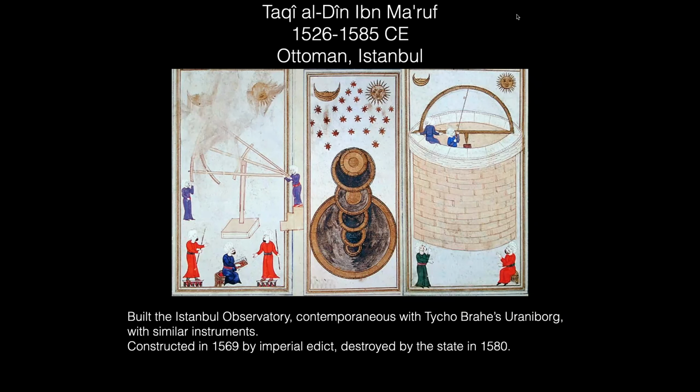This was built in 1569 by imperial edict, destroyed by the state only 11 years later. At least the one in Samarkand persists. Before we began, Ayçin told me a little story about the destruction of this observatory, and maybe she can elaborate on that once I'm done.